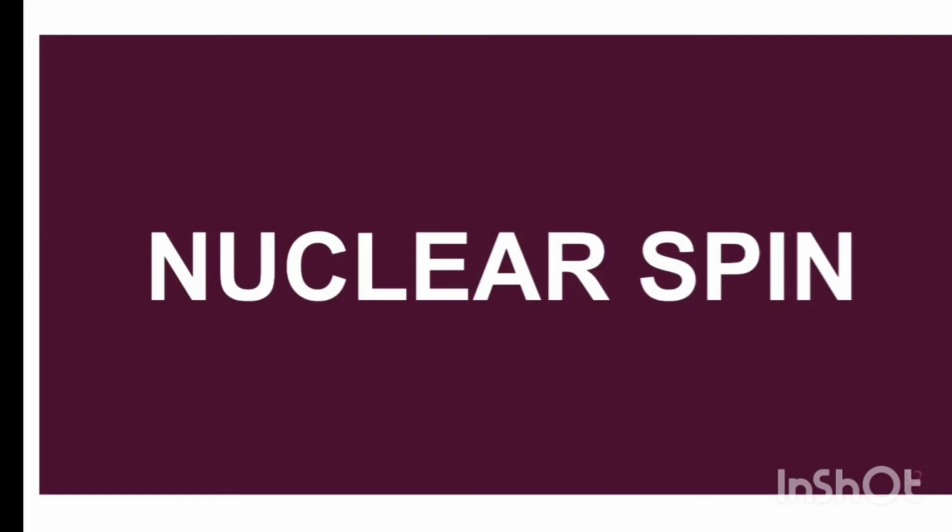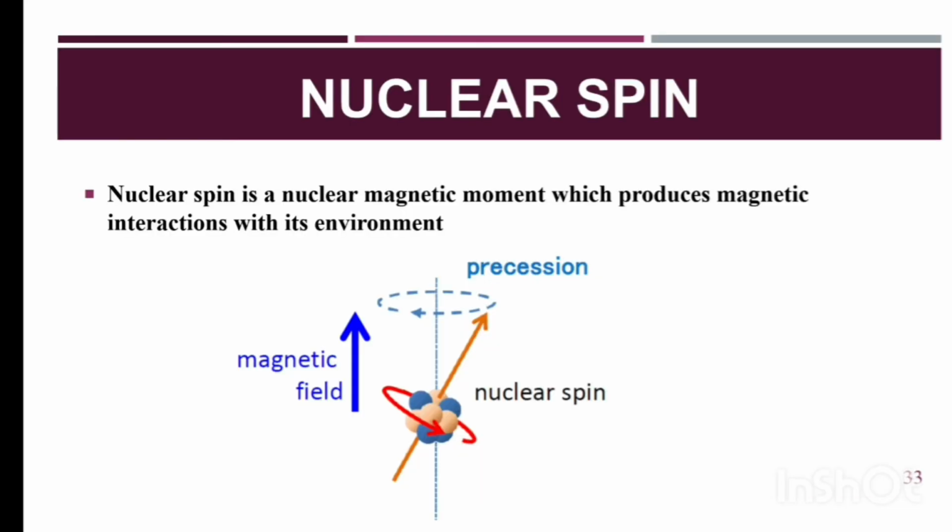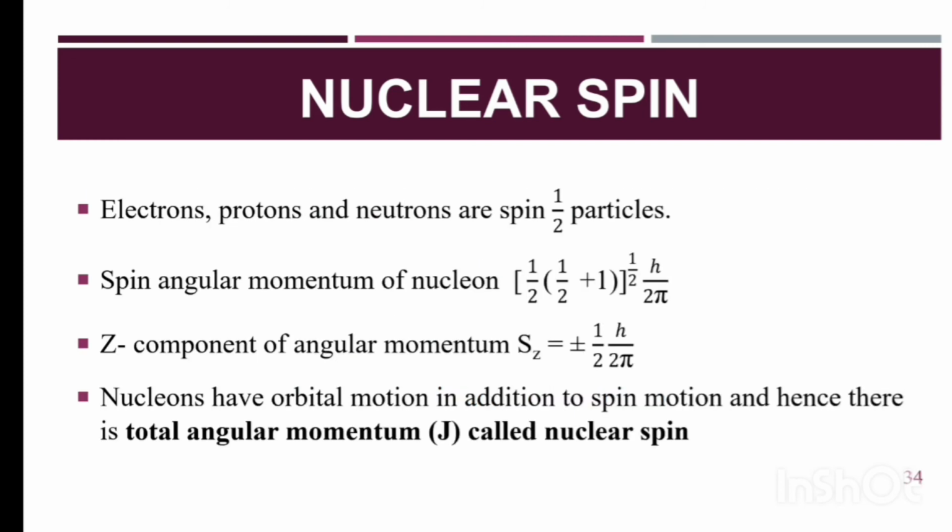Thank you. Nuclear spin. Now we are going to learn about nuclear spin. Nuclear spin is a nuclear magnetic moment which produces magnetic interaction with its environment. Electrons, protons and neutrons are spin half particles. Spin angular momentum of a nucleon is represented by S is equal to the square root of 1/2 (1/2 + 1) times h by 2π.